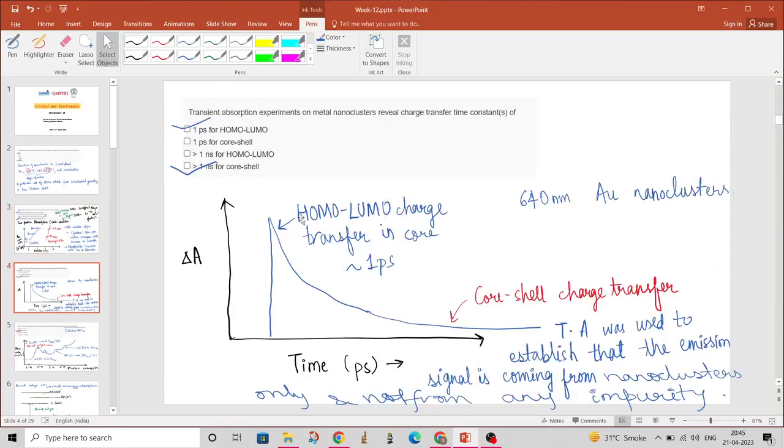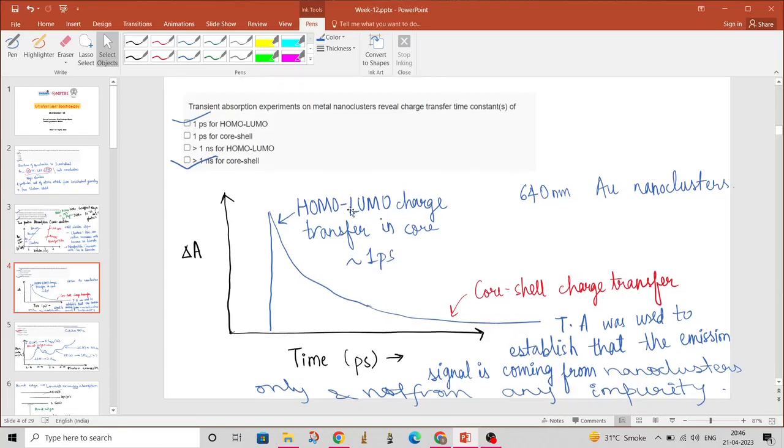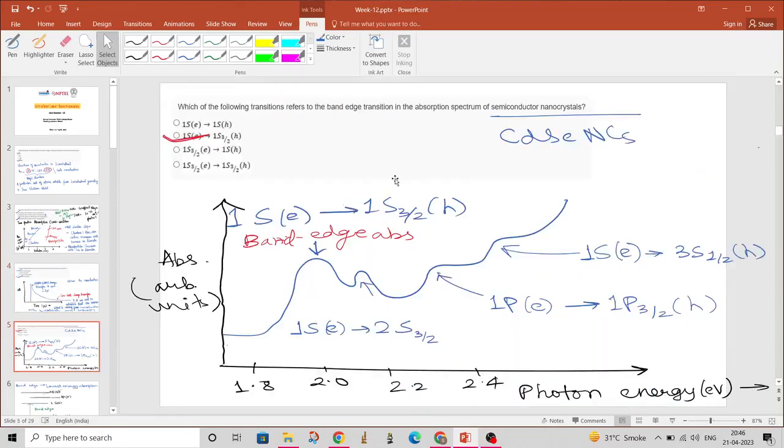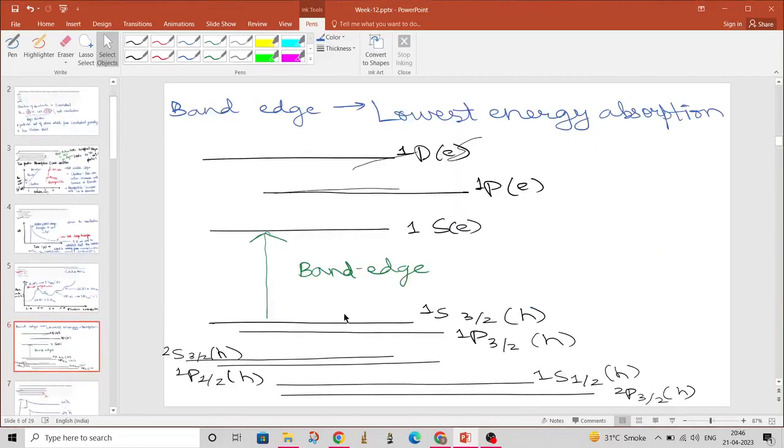Now, from the transient absorption spectra, the time constant was found to be 1 picosecond for HOMO to LUMO and larger time constants in the range of nanosecond for core-shell charge transfer. And the bandgap absorption or emission occurs from 1Se to 2S3/2 in the case of cadmium selenide nanocrystals. Bandgap is the lowest energy absorption.